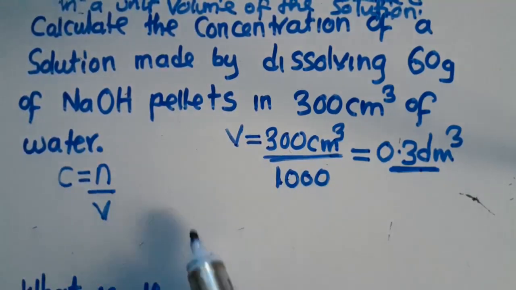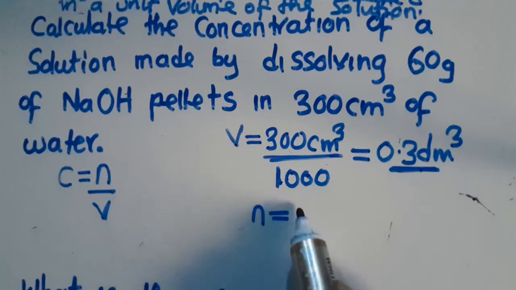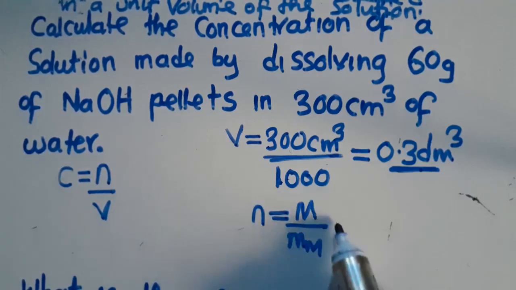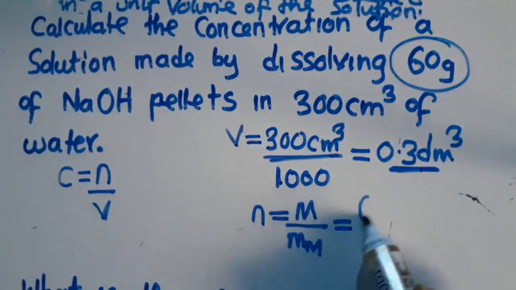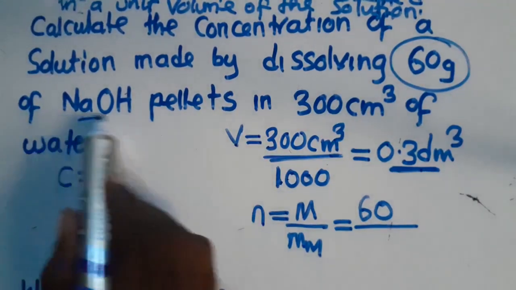Then we need to go to the number of moles. Number of moles is given by the formula mass over molar mass. We are given the mass in the question, 60 grams. So 60 grams over molar mass. Molar mass of what? Sodium hydroxide.